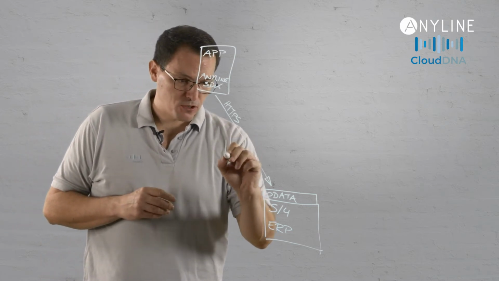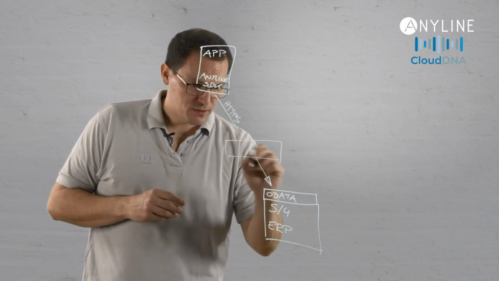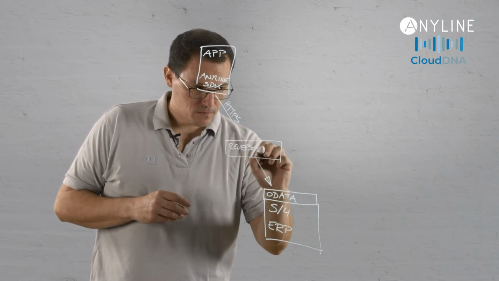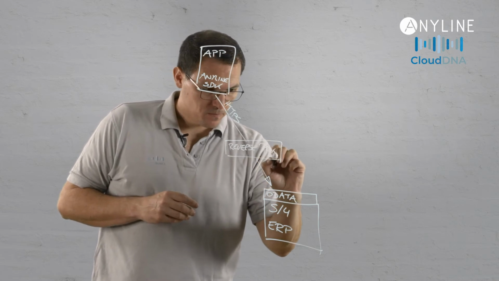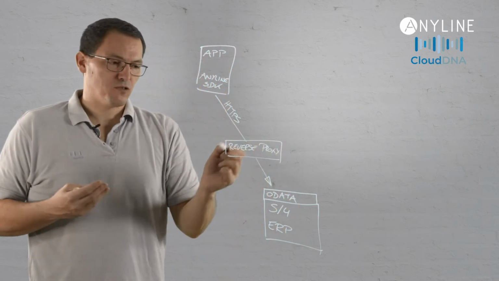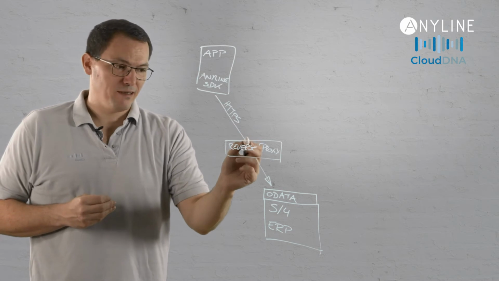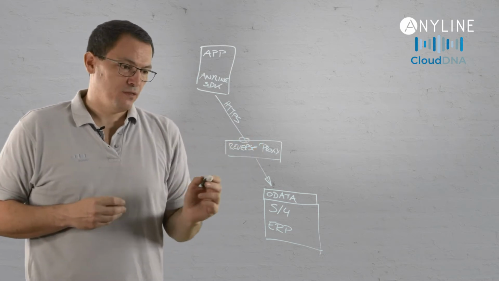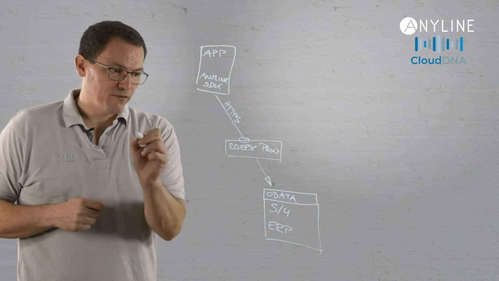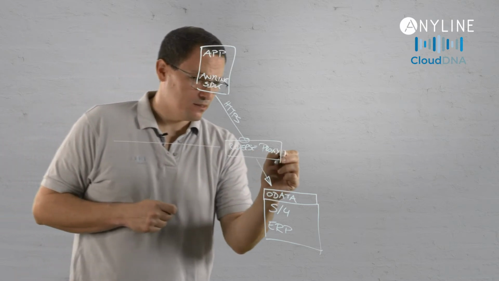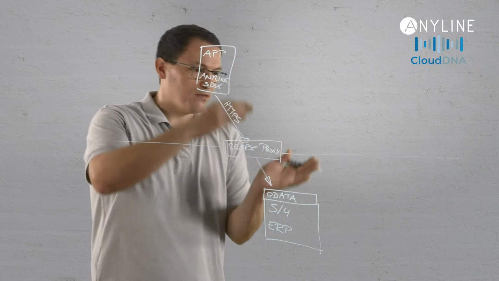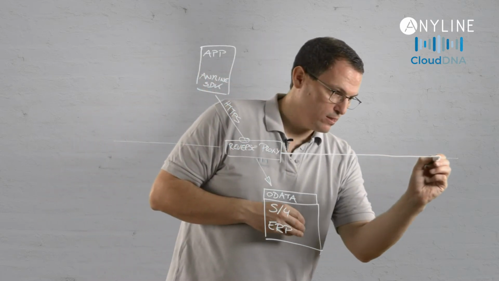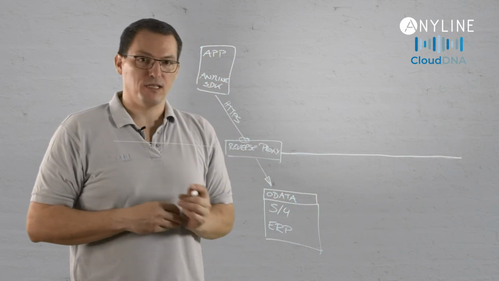Usually you always use a reverse proxy here, but this doesn't really solve the problem because you are still visible from the internet at this network edge. Basically here we have our line separating the public network, the internet, from our internal on-premise network.